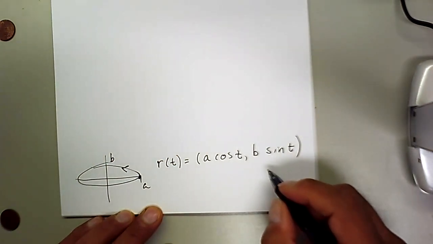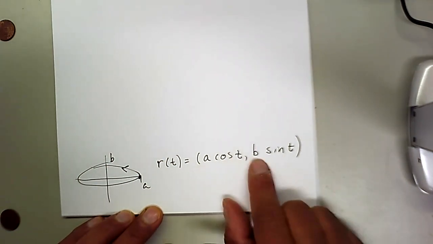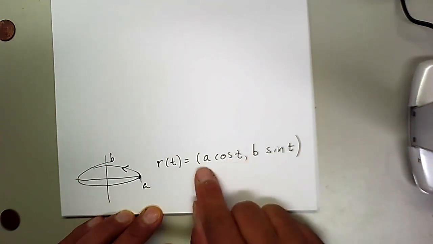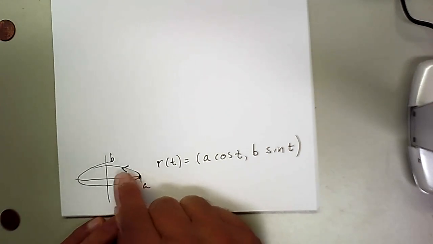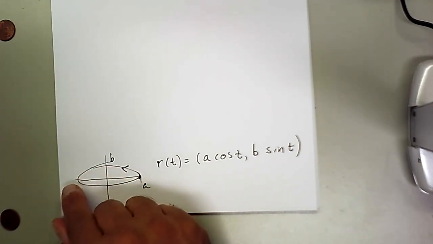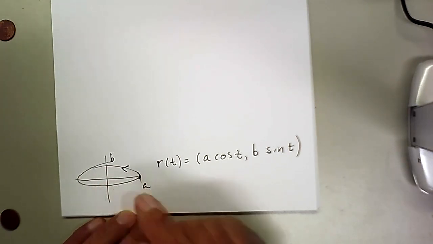So very much like a circle, except that in a circle we have a fixed radius. It would be the same for both. For the ellipse, we start with A, and then we go to B, back to A on the negative, down to B on the negative, and then back to A.